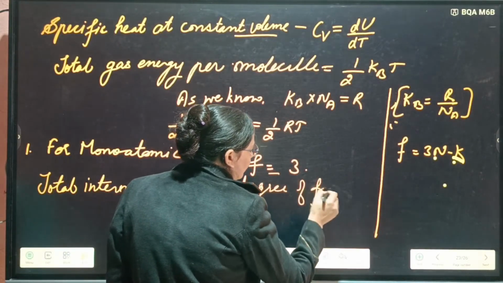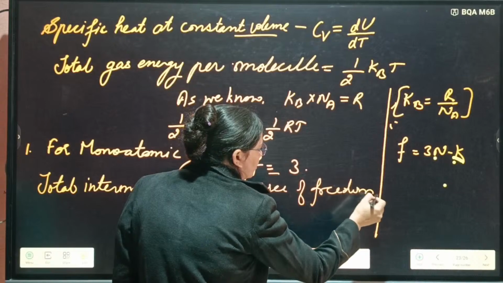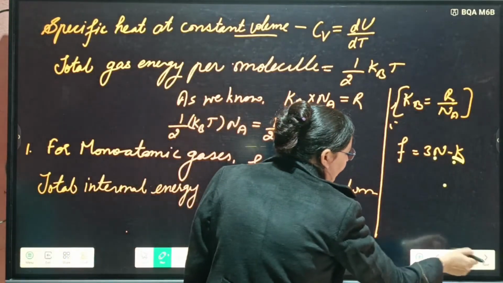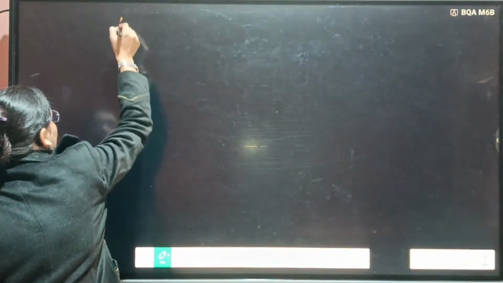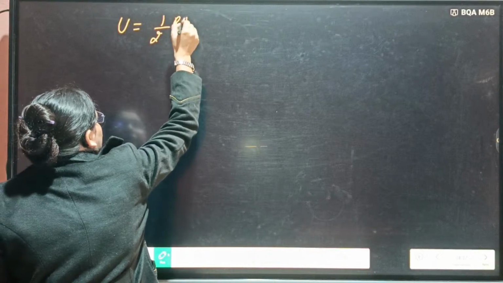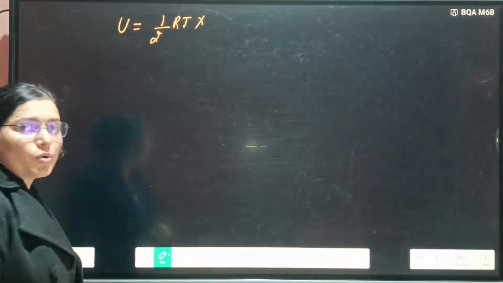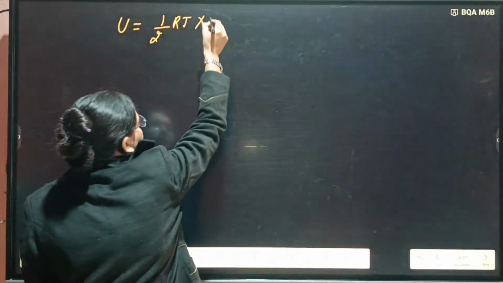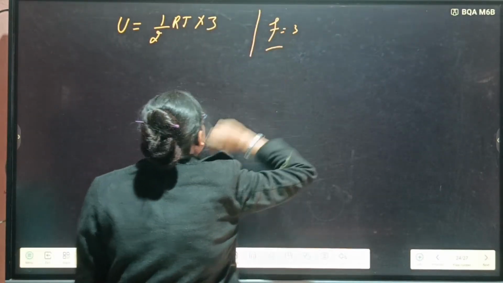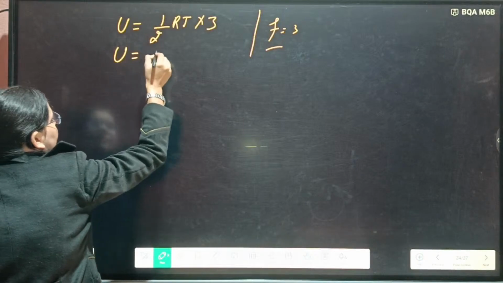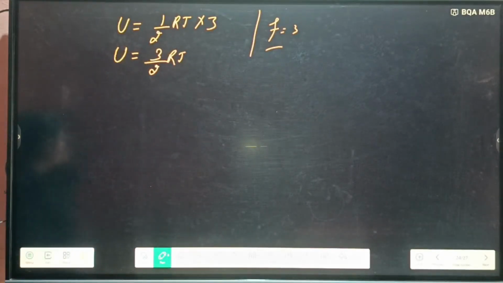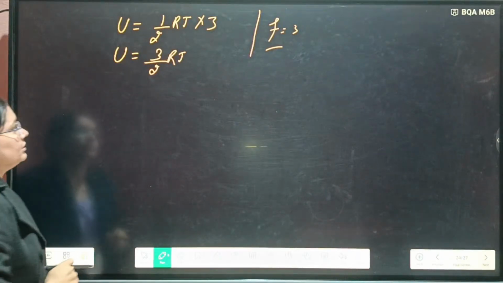The total energy U equals the internal energy 1/2 RT times the degree of freedom. For monoatomic, F equals 3, so the internal energy will be 3/2 RT.